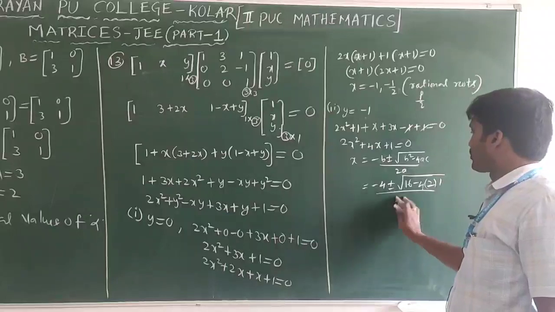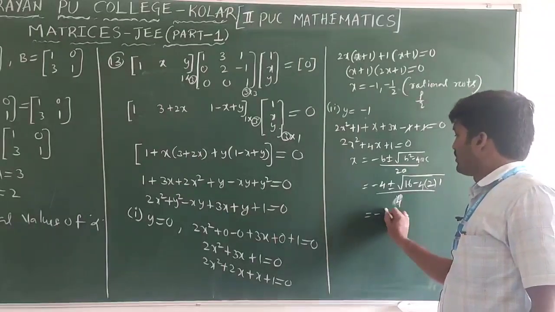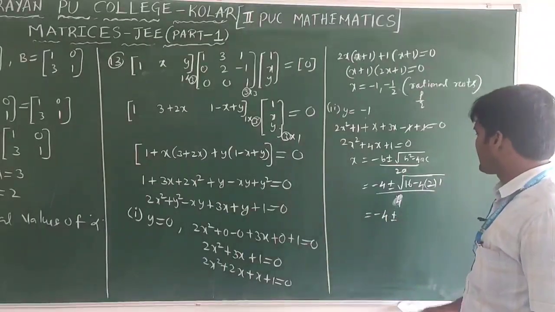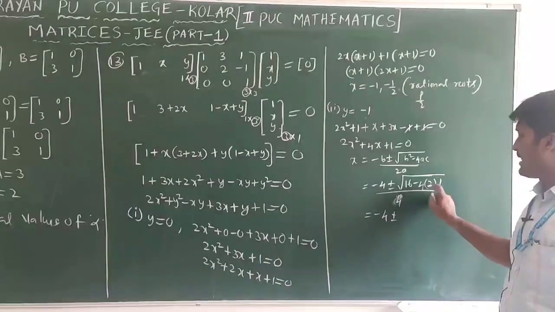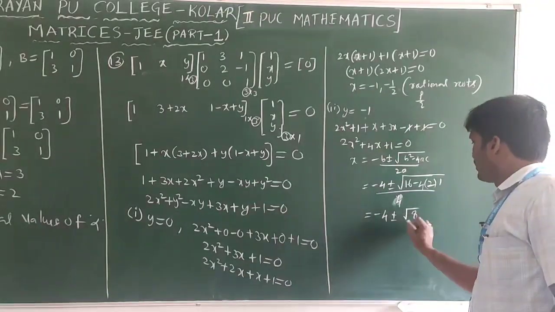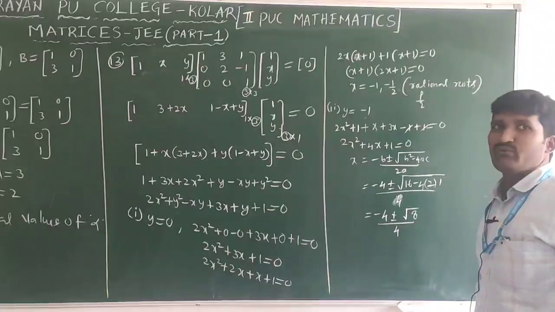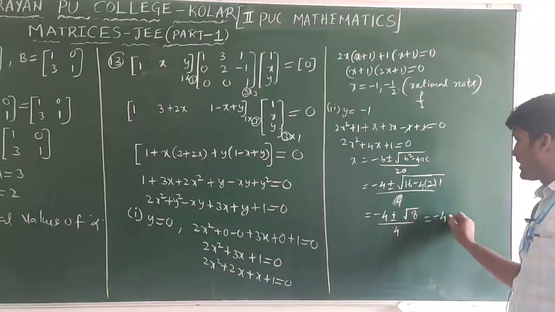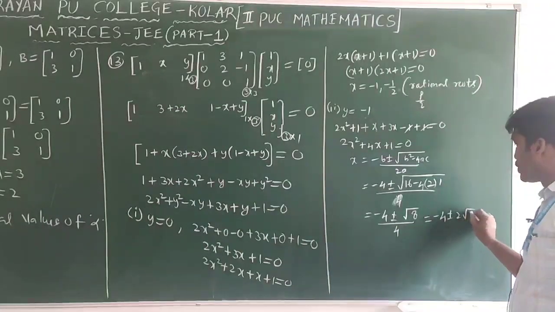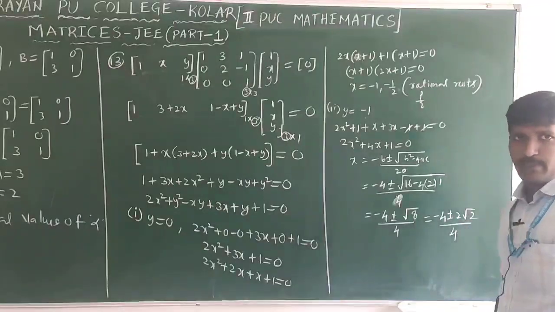2 twos are 4. Minus 4 plus or minus, 4 twos are 8. 16 minus 8 is clearly 8. Root 8 by 4. This is clearly what you can write: minus 4 plus or minus 2 root 2 by 4.